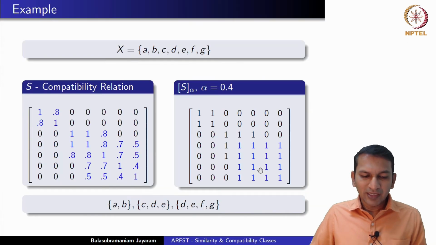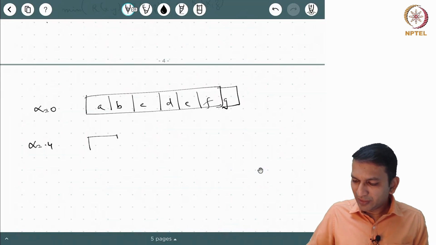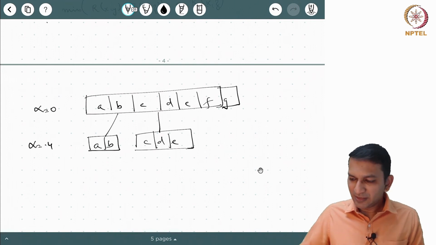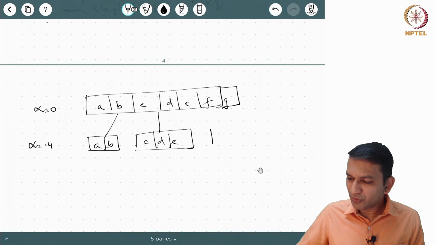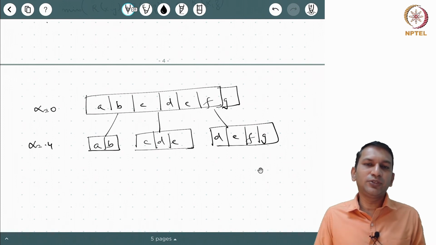However, at alpha equal to 0.4, what we see is these are resolving like this. We have AB branching out, we have CDE forming another compatibility class, and we have also DEFG, which forms a compatibility class at the resolution level alpha equal to 0.4.